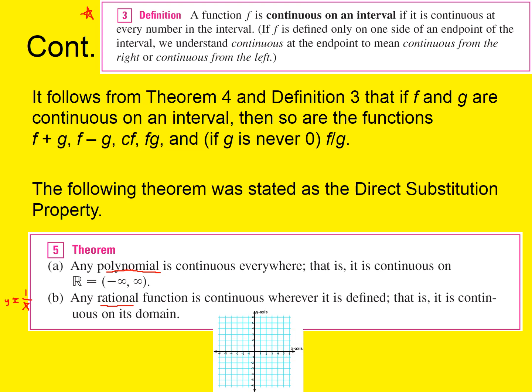So the reciprocal function is defined on its domain. So let's make a good picture here. It's defined for all negative real numbers. So it's defined on the left, it's defined on the right, but it's not defined in the middle.